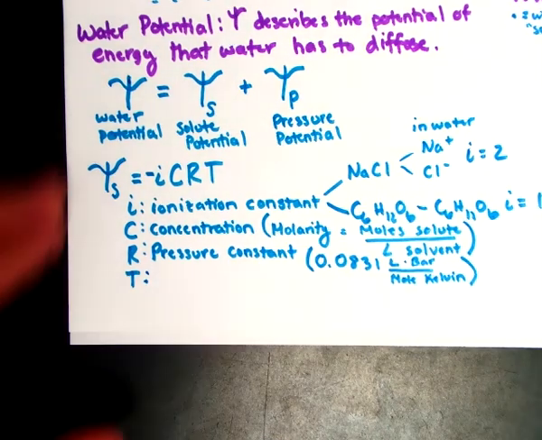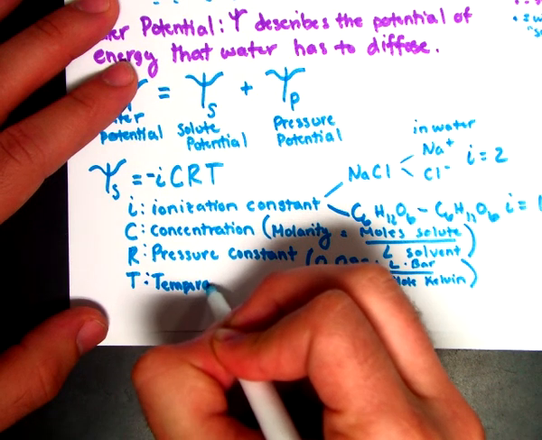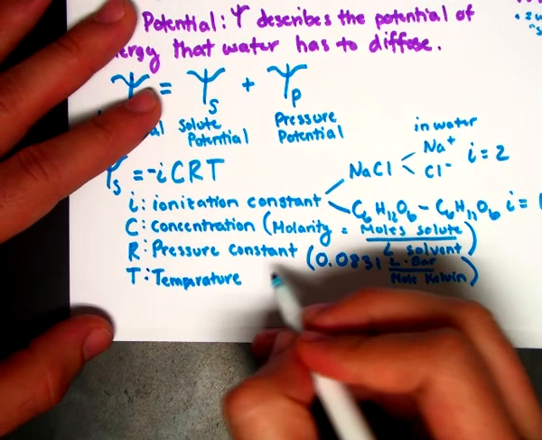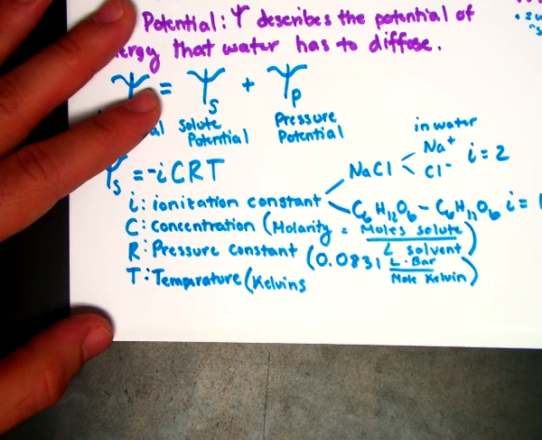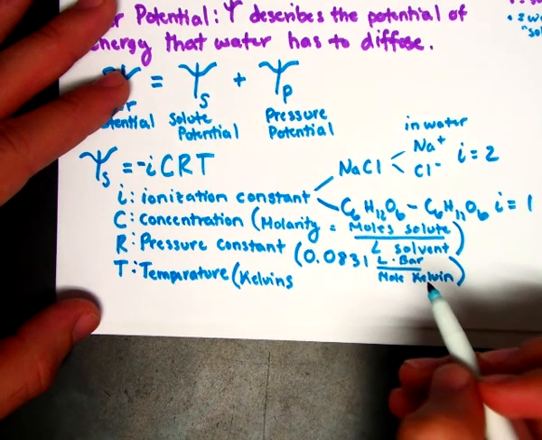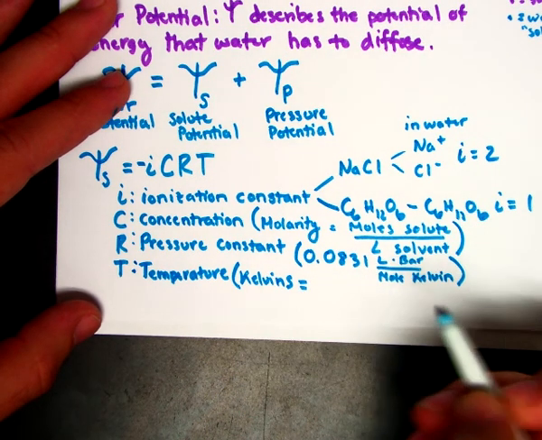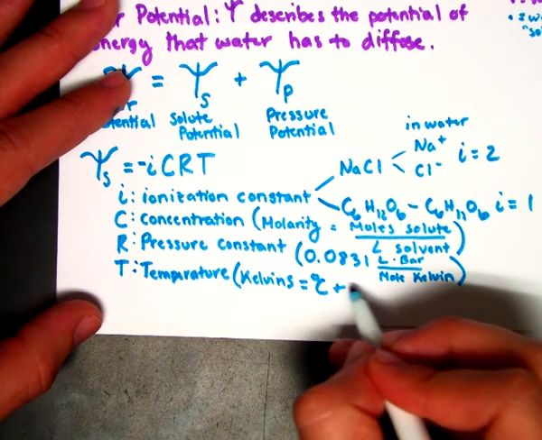And then lastly, T is our temperature, which is going to be in kelvins. The way that you change from Celsius is you take your degrees Celsius and you add 273.